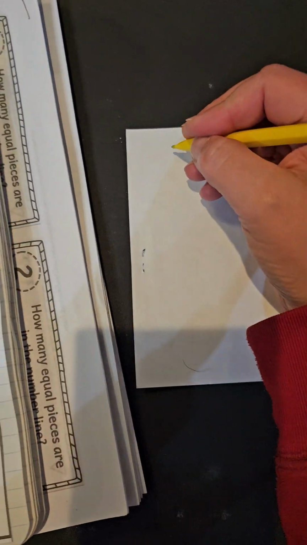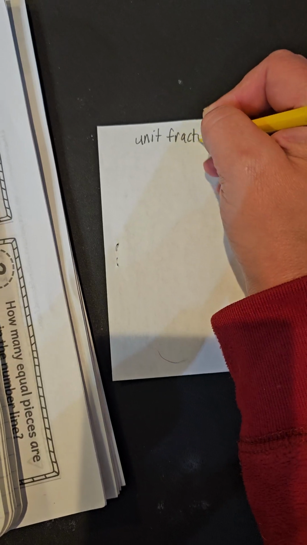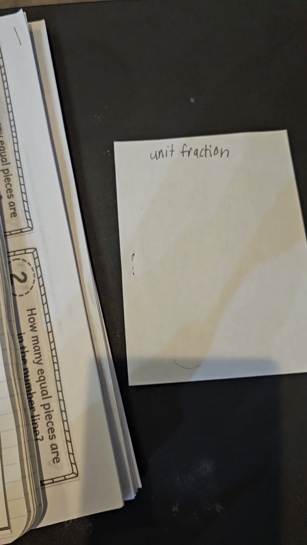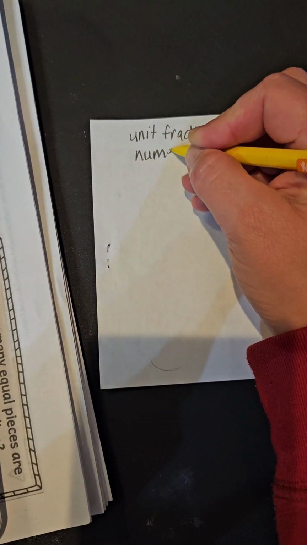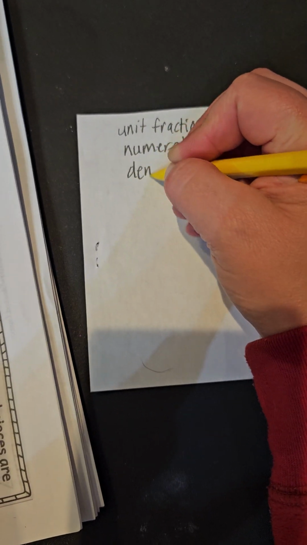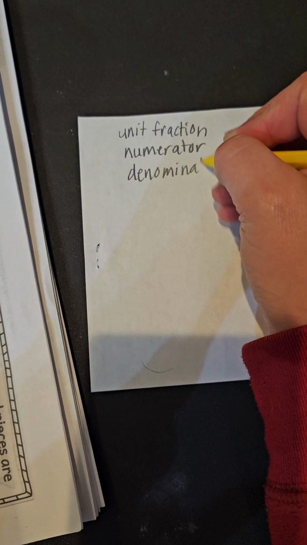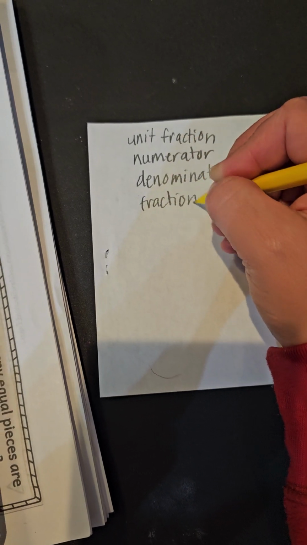So we did talk about this word, or set of words, unit fraction. And we talked about numerator. We talked about denominator. The word fraction, of course, because that's what this whole thing is about.